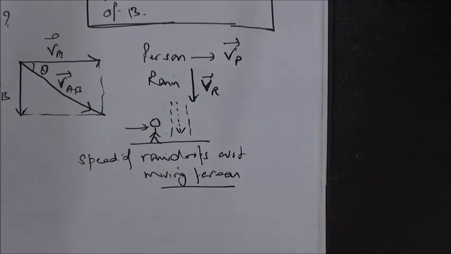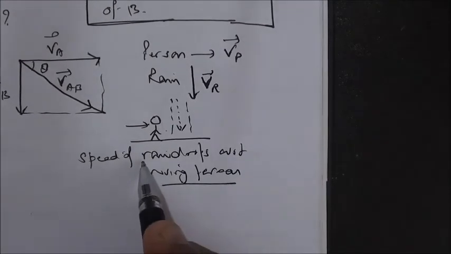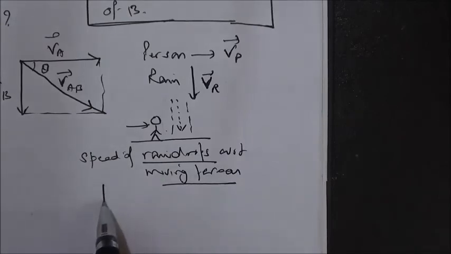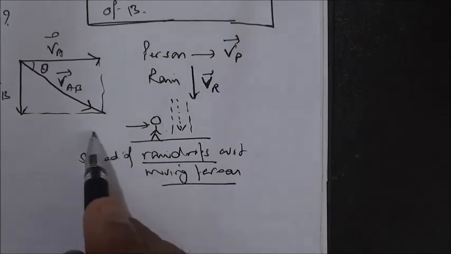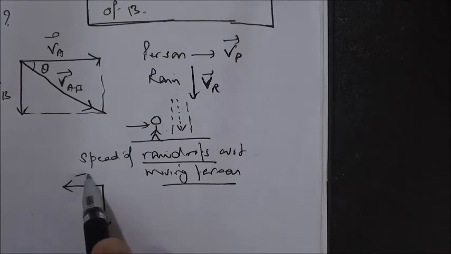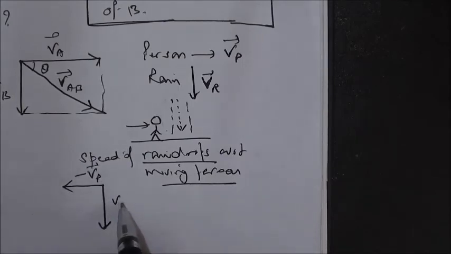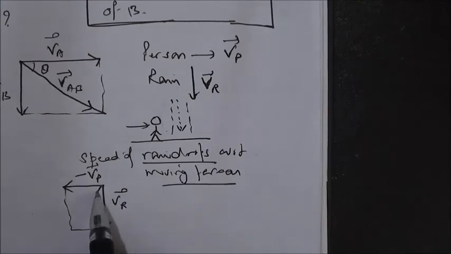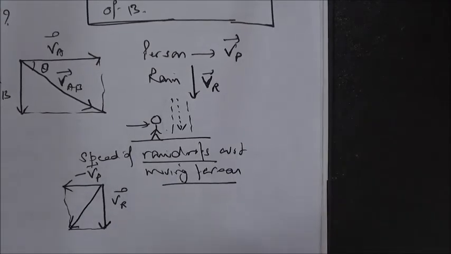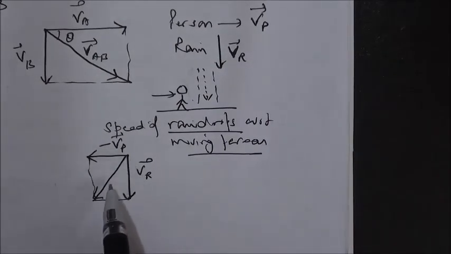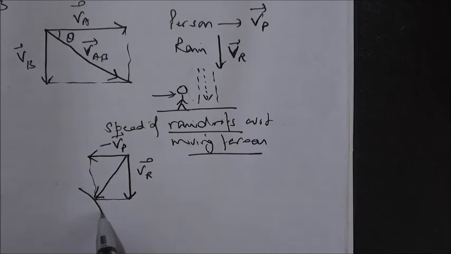So it will again be the resultant of the velocity of raindrops and negative of the velocity of the person. So this is the velocity of raindrops. The person is moving in this direction, so we will take this minus VP, VR. Find the resultant. It is this one. So if he is moving in this direction, raindrops appear to come like this. So it means he should hold the umbrella like this.